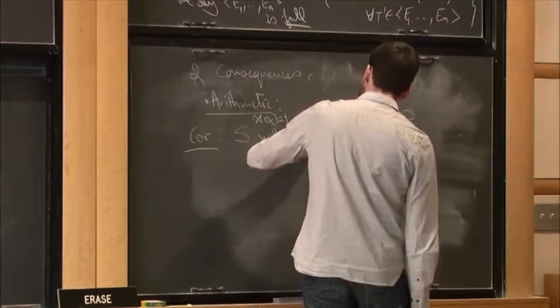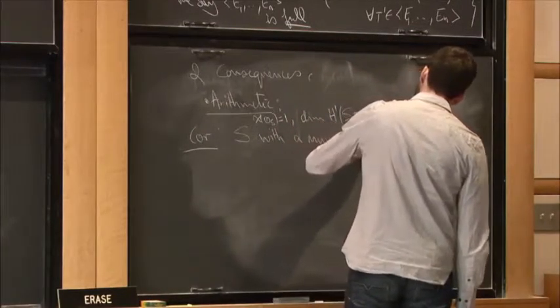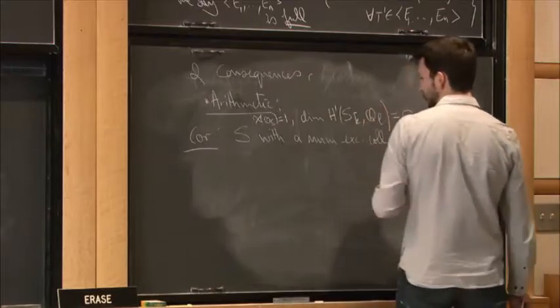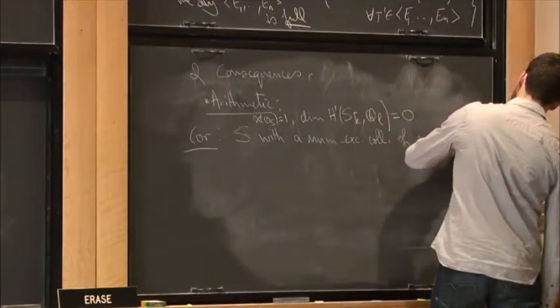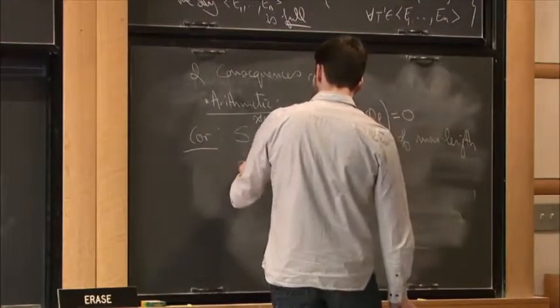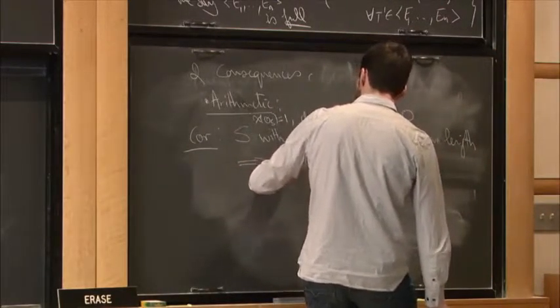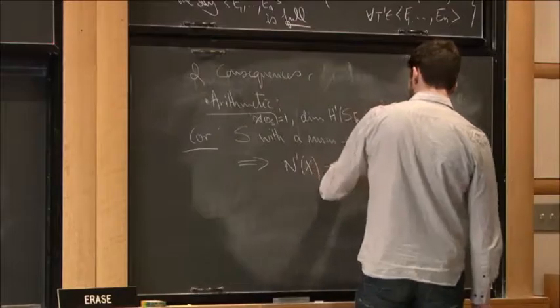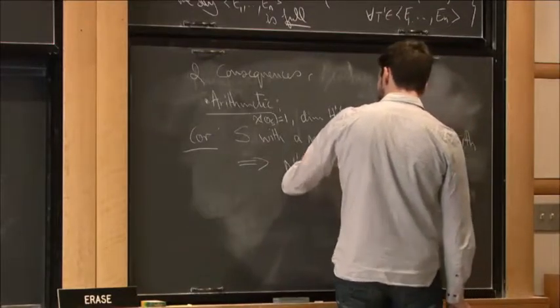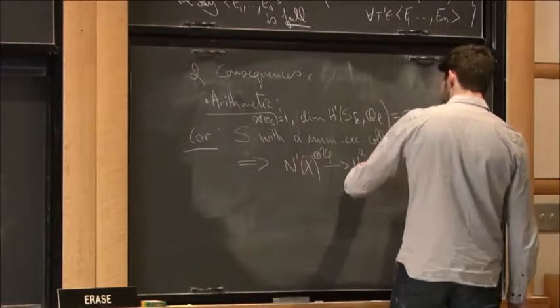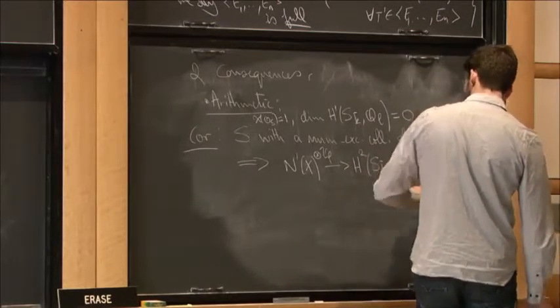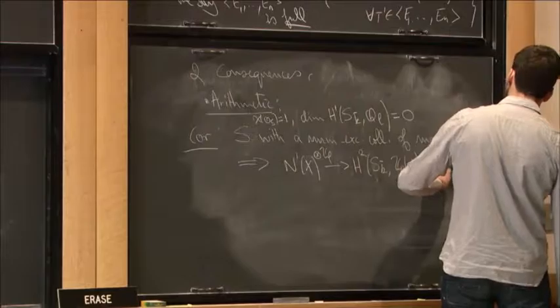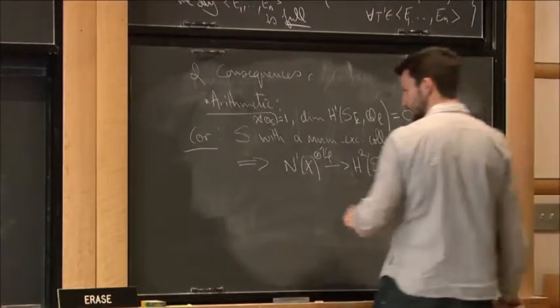So S with a numerically exceptional collection of maximal length. And then the cycle class map, tensor Z_l. If you mod out torsion, this is surjective.